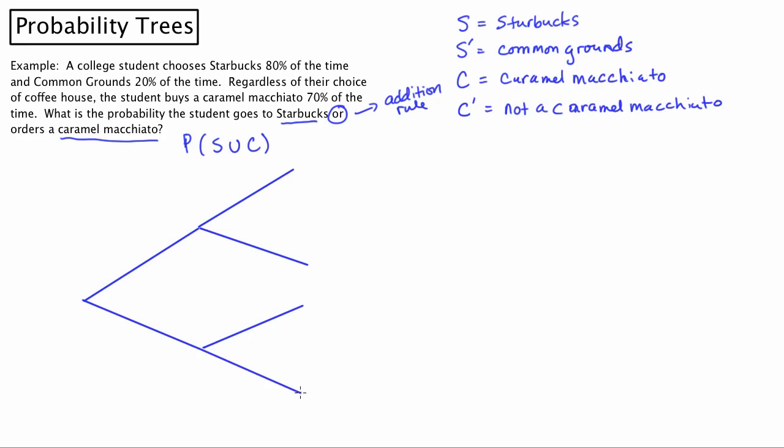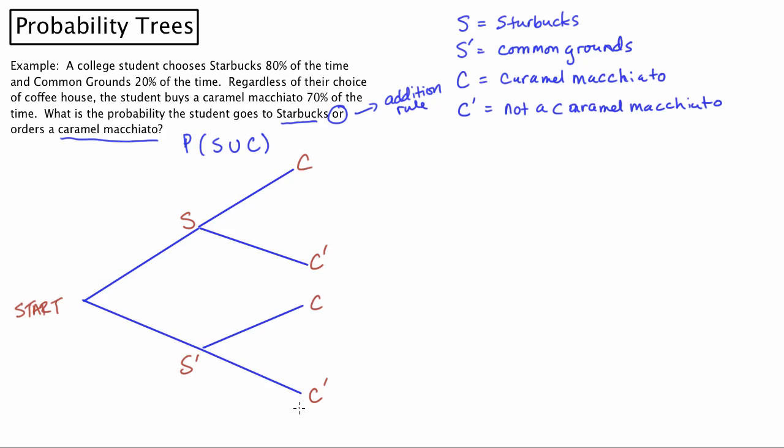Alright, I know that there's two steps in this process, and I want to sort of outline each of the steps involved. Here's where we're going to start. And at the start, they can choose Starbucks or not Starbucks. And then the choice is caramel macchiato or not a caramel macchiato in each case.